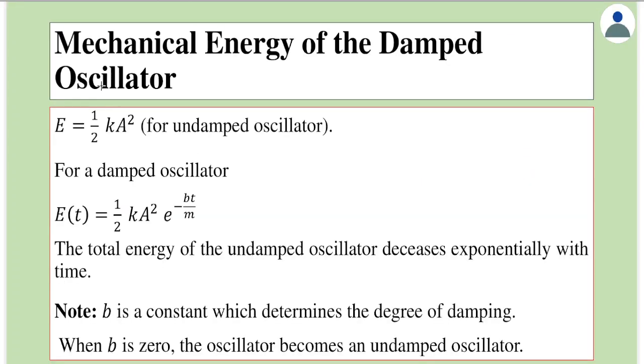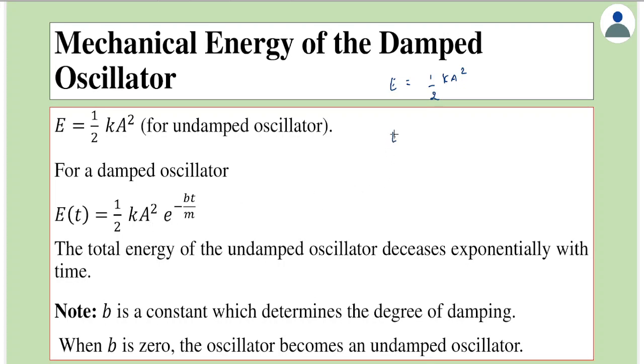In terms of energy, we saw that in case of an undamped oscillator, the energy was given as half Ka square, which is always a constant. For a damped oscillator, we're not proving it.